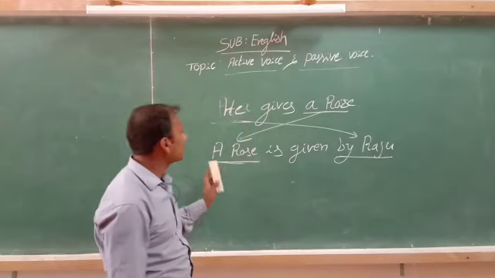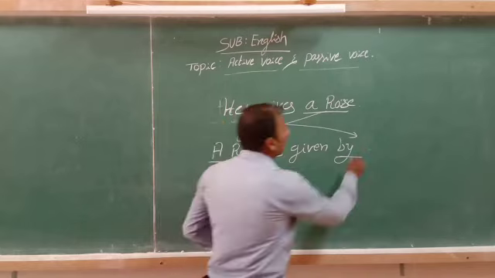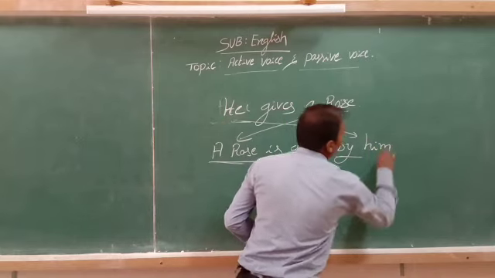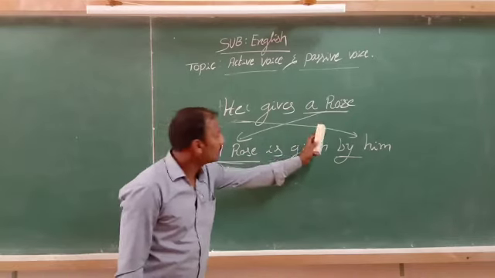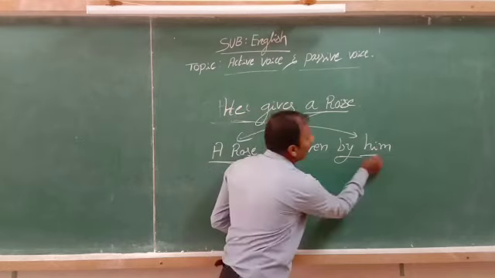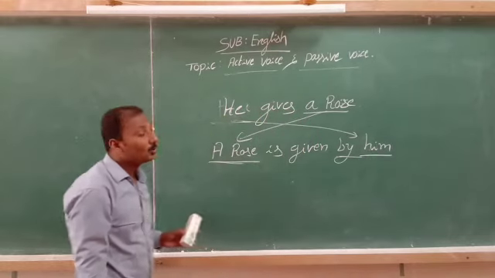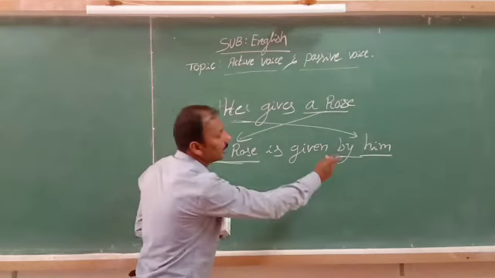In the passive sentence, the object he is changed into him. A rose is given by him. So in this sentence, it's a case of pronoun, and a suitable change has to be made. He changed into him.